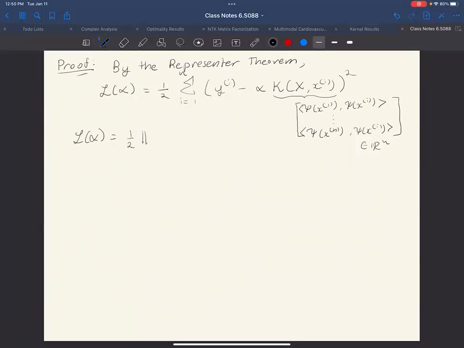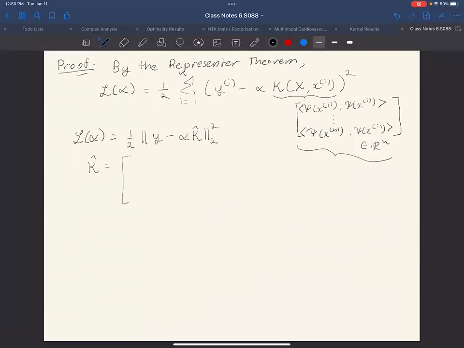So now this is just going to be y minus alpha k, and I'm going to call this k hat. So what is k hat? Well, remember before for linear regression we were doing y minus wX, and capital X was just a concatenation of all the vectors x1 to xn. Now k hat is just a concatenation of these vectors.